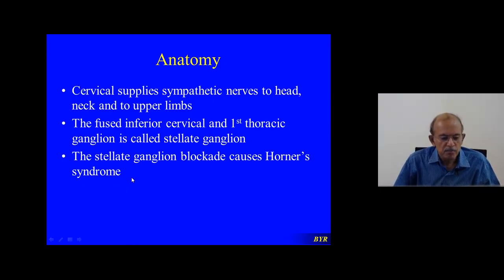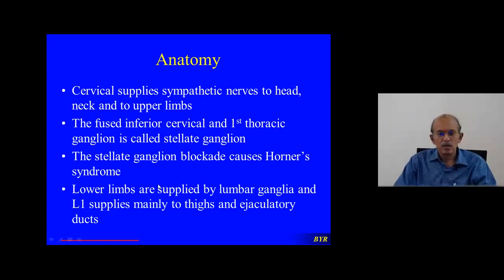Horner syndrome is ptosis, miosis, and anhidrosis, and also enophthalmos. So if the stellate ganglion or inferior cervical ganglion is blocked, there is also loss of the ciliospinal reflex, and anhidrosis on the hemiface.